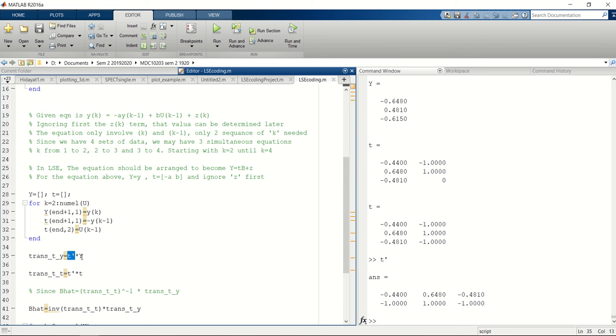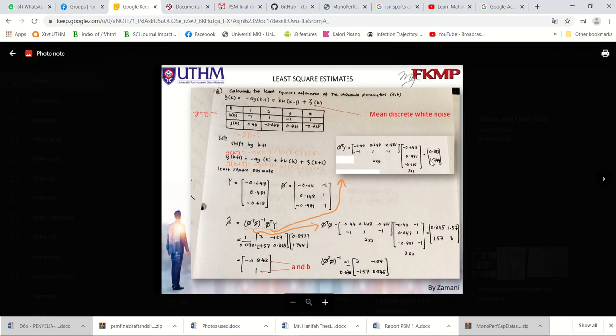Then I multiply this t transpose with y and store it in this variable, trans t y. I run this one with F9, so I will get this value. This value is exactly the same as this one, so we have already finished this theta transpose times y.